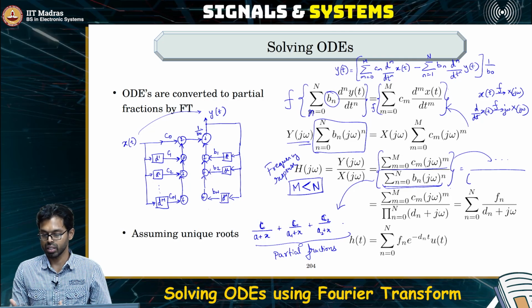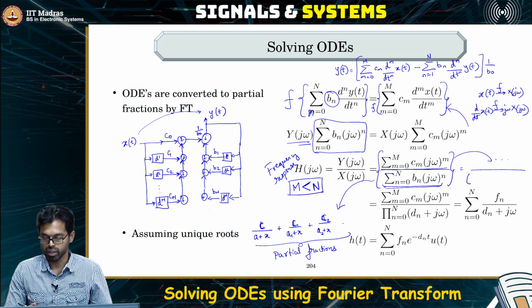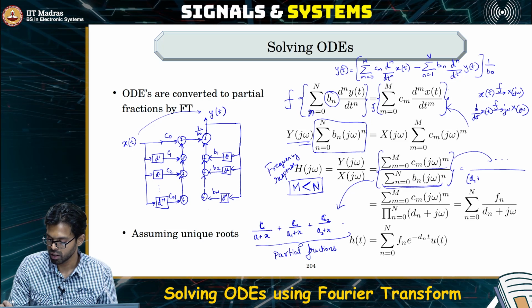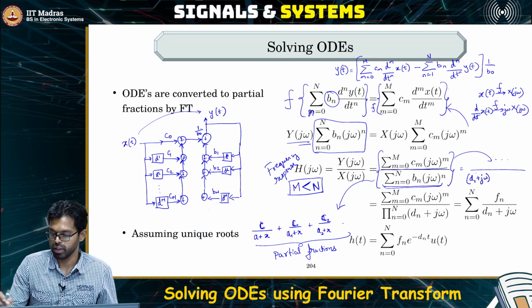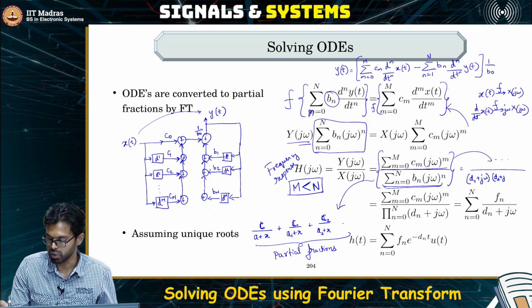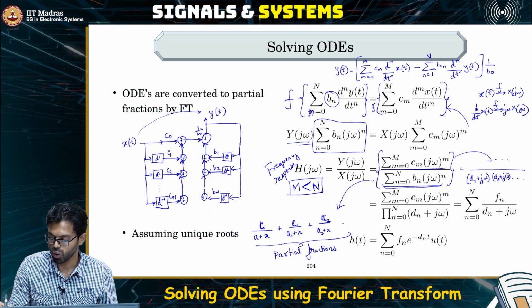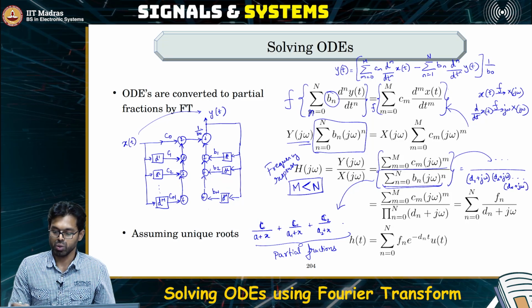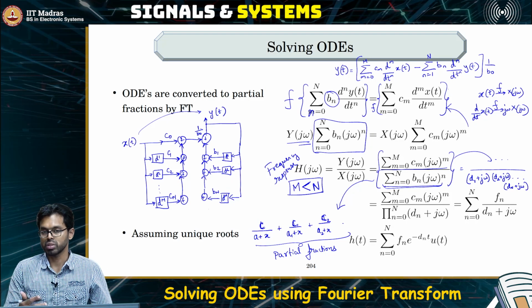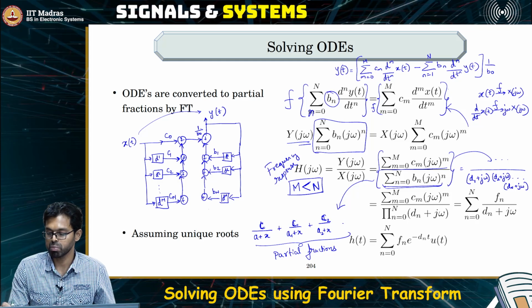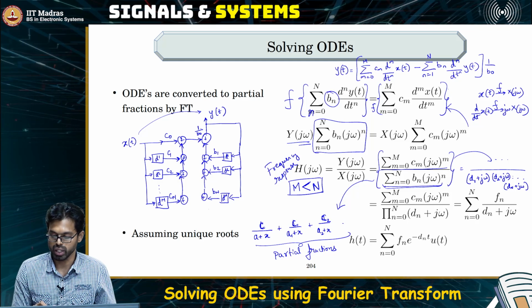They are all minus dn, and I have capital N roots, from d1 up until capital N. So d1 plus j omega times d2 plus j omega, and so on up until dn plus j omega. If n was 2, then it's a quadratic equation, it will have 2 roots, and you will have d1 plus j omega times d2 plus j omega, right?